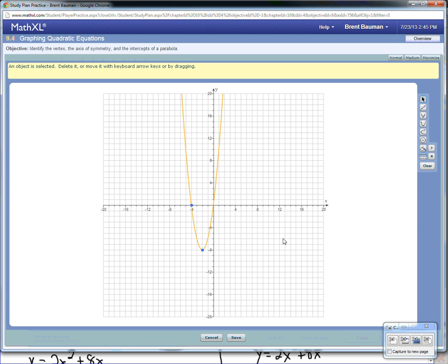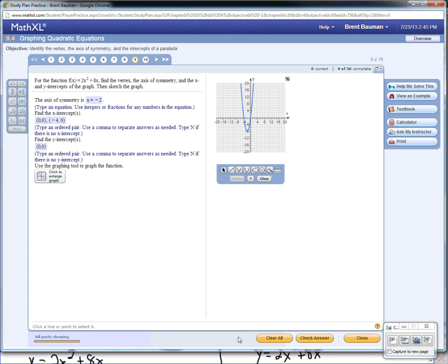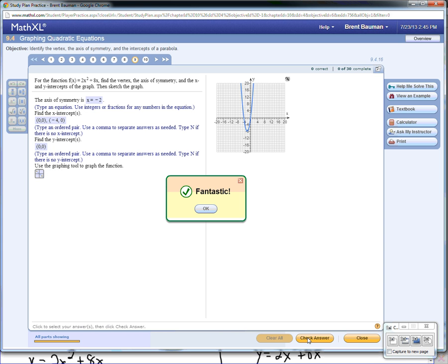Okay, and that's what we need, so we want to go ahead and save that. And then we'll hit check answer. Fantastic. Okay, so on that last step you could have used 0, 0 also as your second point, but you do want to make sure that you use the vertex as your first point as it's directing you to do.